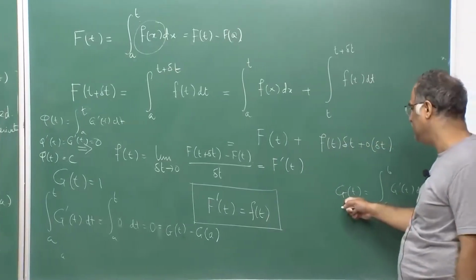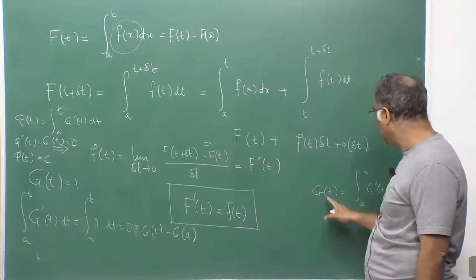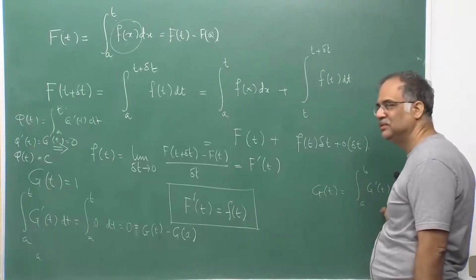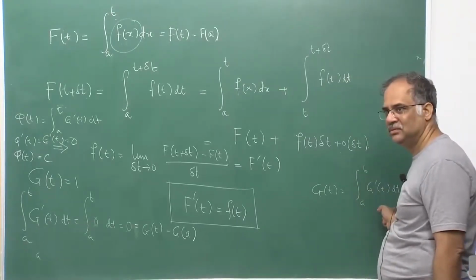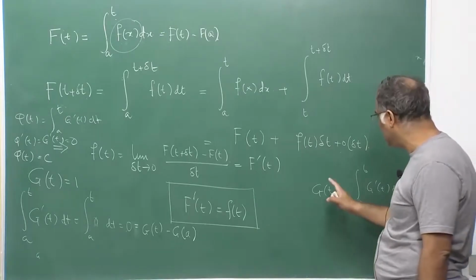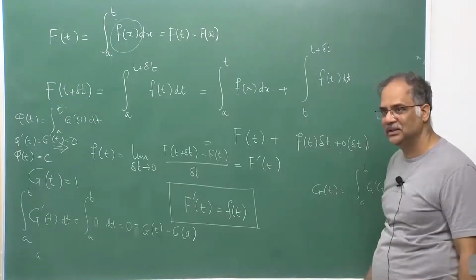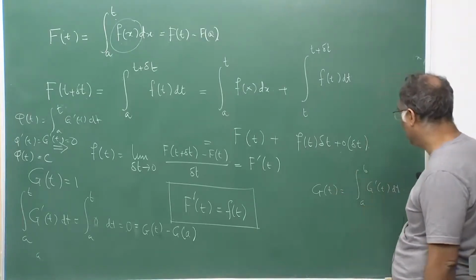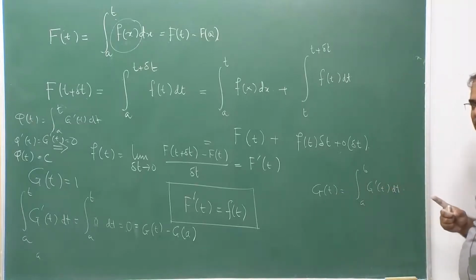It simply means, it does not tell you that gt is actually the integral of this. This integral is nothing but gt minus ga.